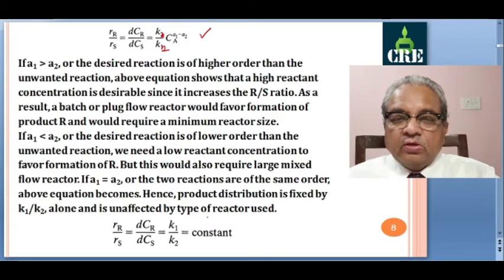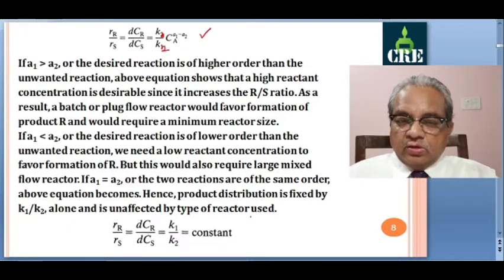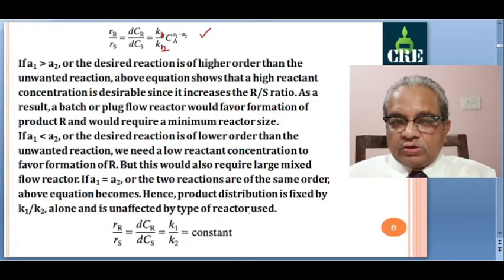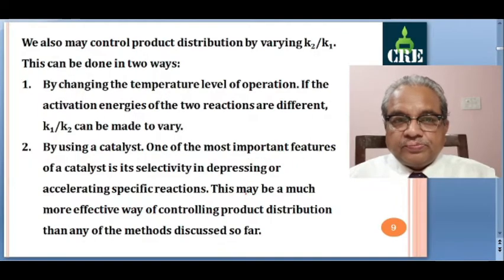So whatever type of reactor you use doesn't matter. You will choose your reactor based on other considerations, not with respect to a1 and a2. So Rr/Rs, dCr/dCs, will be equal to K1/K2, and that is a constant value, because for a given reaction K1 and K2 will be constant.